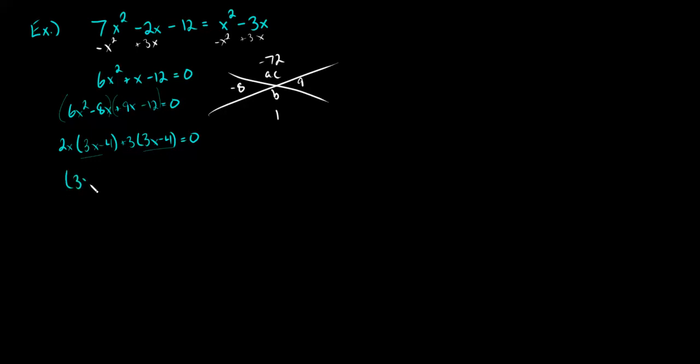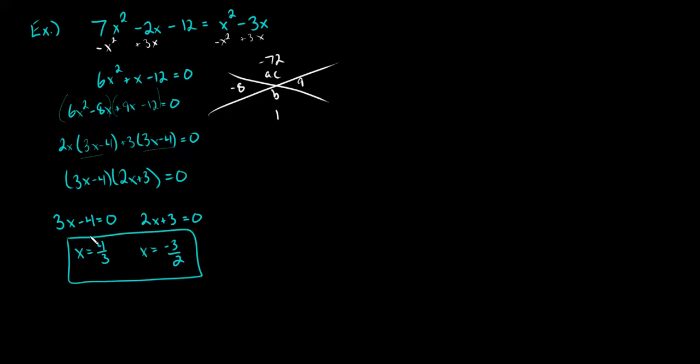We can factor that out to get 3x minus 4 times a quantity of 2x plus 3. So that is what our two factors would be, okay? And remember, once you factor, now we set each of the factors with a variable in it equal to 0. And now we solve, okay? And what you would get as answers is x is equal to 4/3 and x is equal to -3/2. That would be our two solutions, okay?